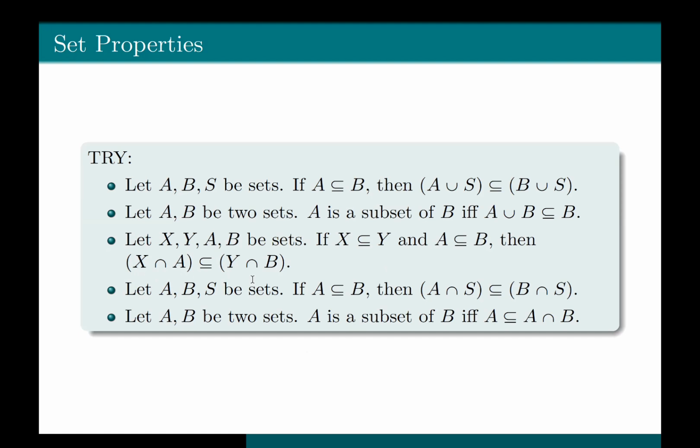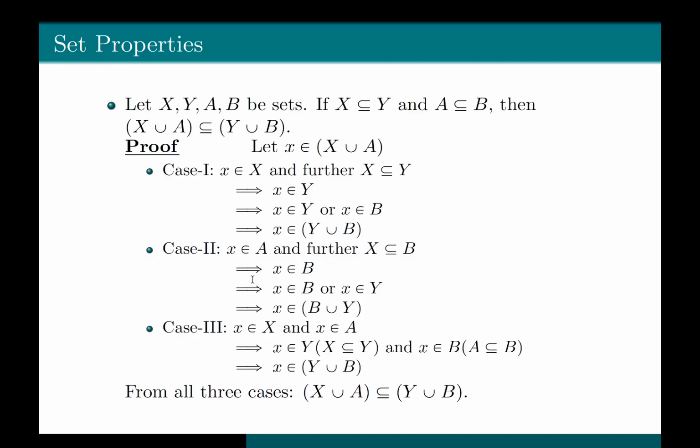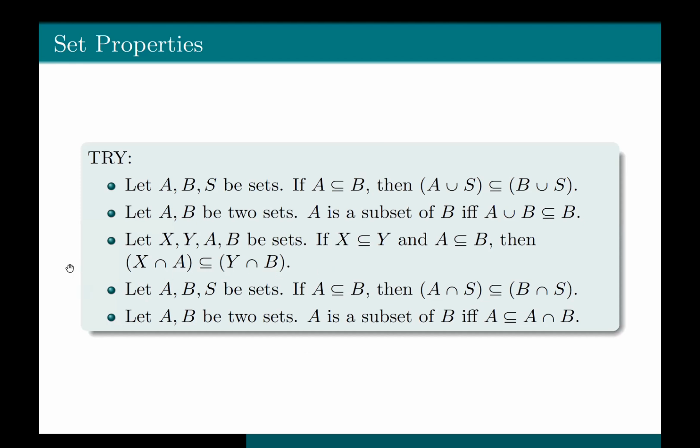Now remember, you would follow the steps which I have done over here to prove this third property. And trust me, the proof is really simple. You would start by taking an element x in X intersection A, and you will have to prove that it belongs to Y intersection B. And how do you do that?